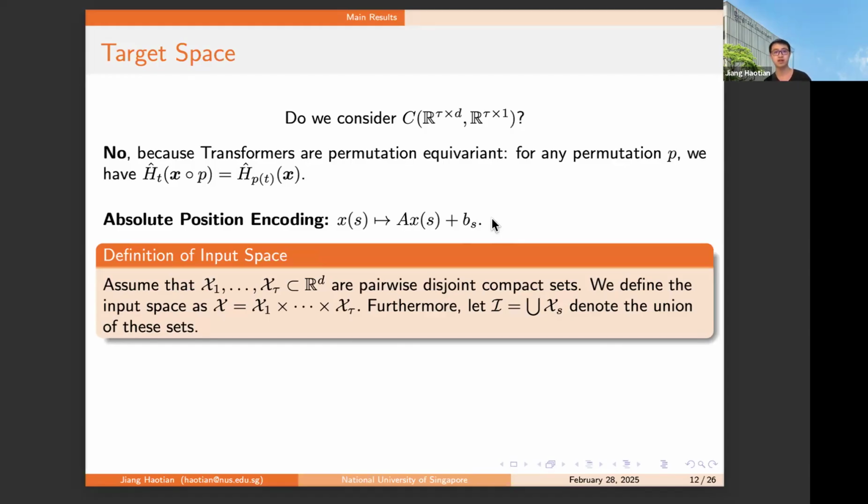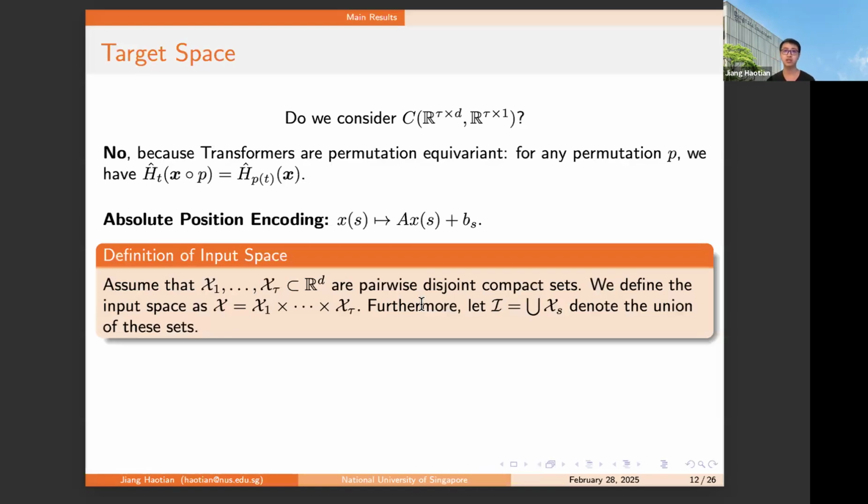Equivalently, we can consider a different definition of the input space, because this operation acts entirely on the input space. So here we look at an equivalent definition of the absolute position encoding by using a different input space. We assume the domain of each time token comes from pairwise disjoint compact sets, and we define the input space on these disjoint sets.